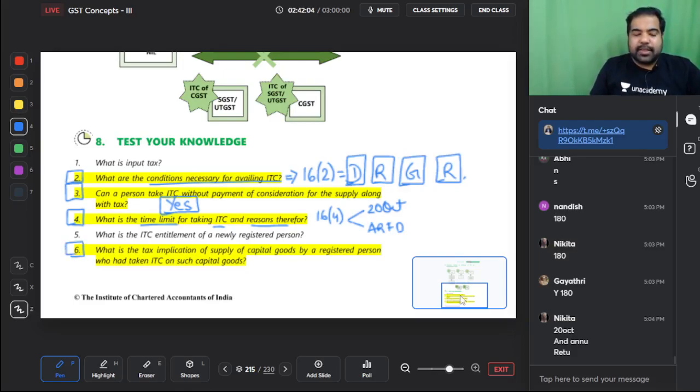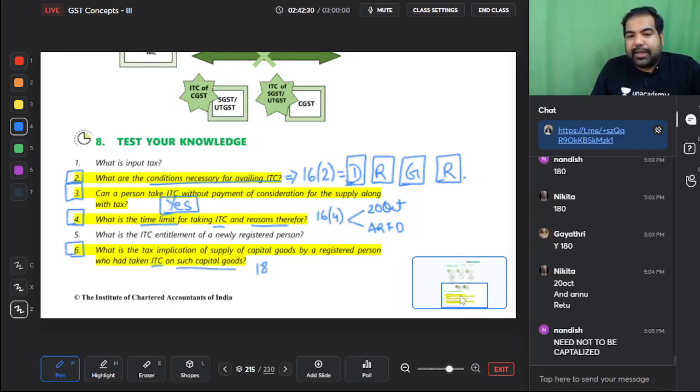Next, guys, 6th question, please. What is the tax implication for supply of capital goods by a registered person who had taken ITC on such capital goods? It is section 18(6).